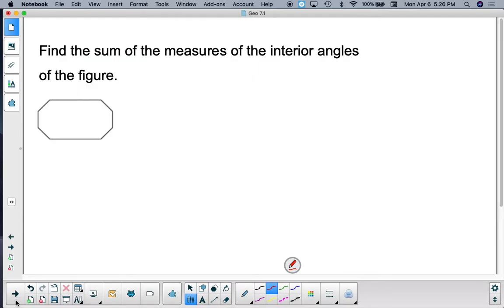On this one it says, find the sum of the measures of the interior angles of this figure. First we have to figure out how many sides it has. If you count the sides, we have 1, 2, 3, 4, 5, 6, 7, 8. So it's an 8-sided figure, and you put it into that formula, n minus 2 times 180, where n is the number of sides, which is 8.